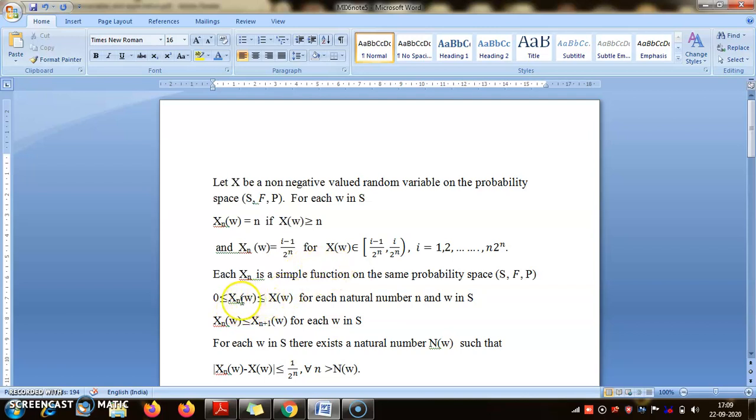And secondly, why is this so? Because this is by construction. For each ω in S, if X(ω) is greater than n, then Xn(ω) is n. So X(ω) is greater than Xn(ω). Otherwise also you see, when X(ω) is in a particular interval, I am taking the endpoint. So by construction, X(ω) is always greater than or equal to the right endpoint.